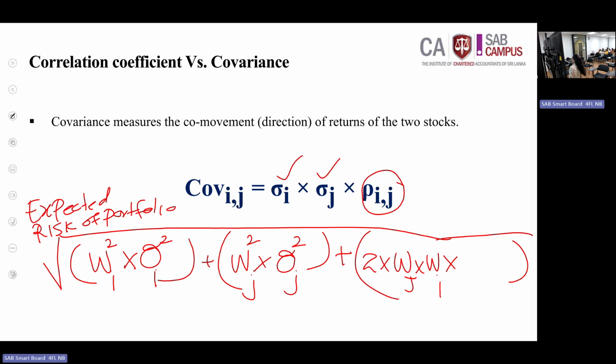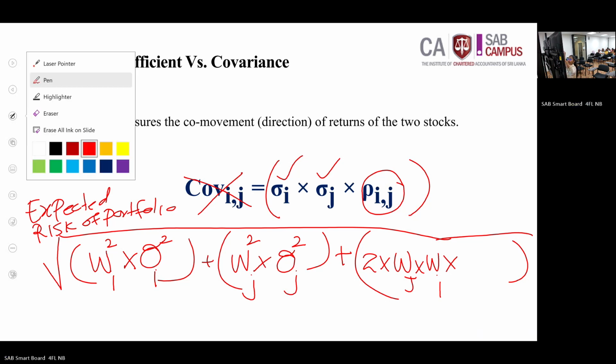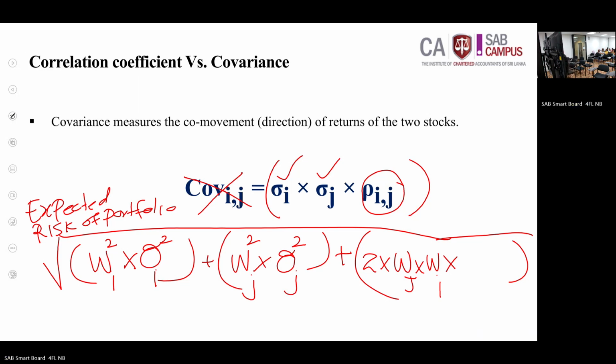So you just apply these three and then have the balance for the covariance: standard deviation of the first asset multiplied by standard deviation of the second asset multiplied by the correlation coefficient between these two assets.